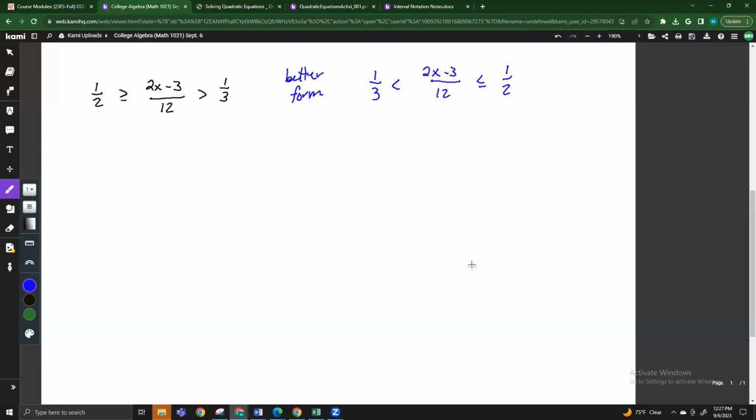Now, this is the better form on the fact that I now have it small to large. I have less thans, which is preferred.